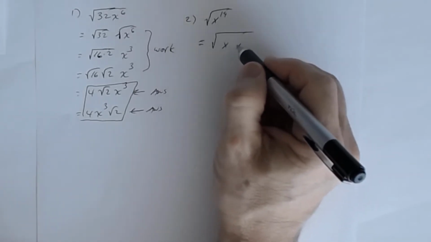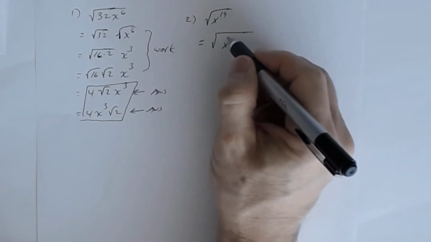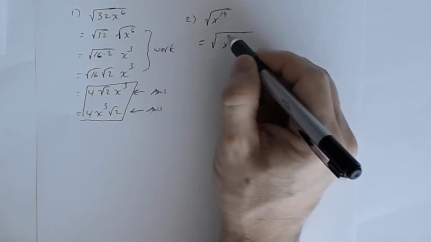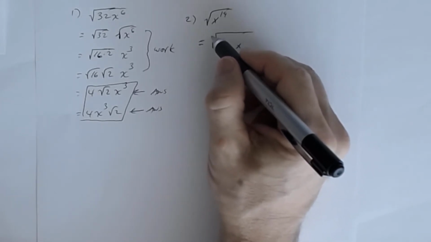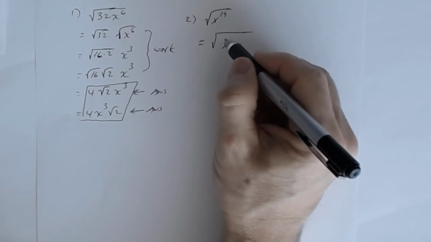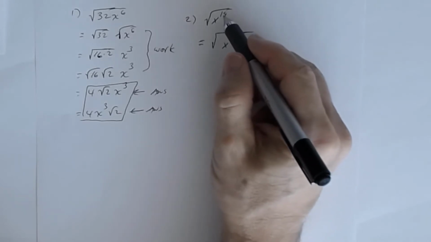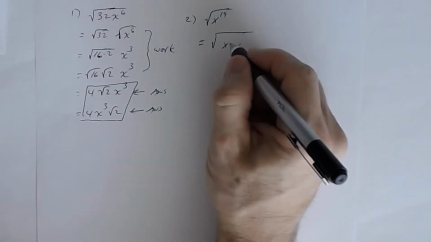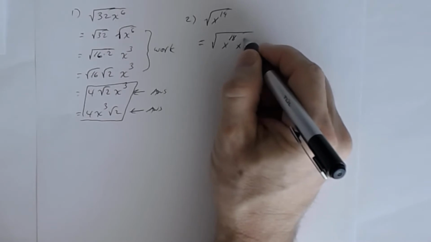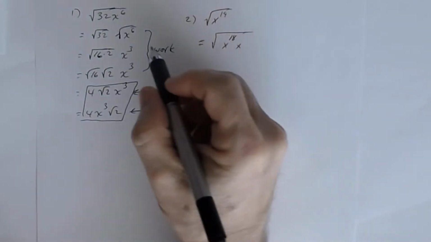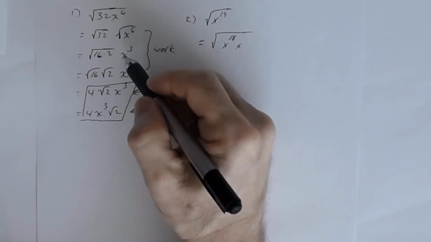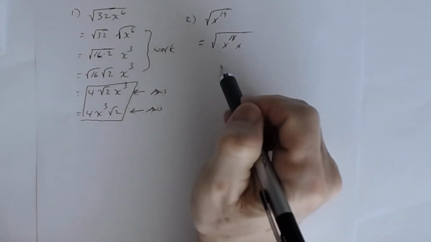Remember, when you multiply like bases, you add exponents, such that the exponents add up to 19. Since the index is 2, you want the largest integer less than 19 that's divisible by 2. In other words, 18. So 18, and then this will be x to the first. 18 plus 1 is 19. And just like we did here with 6 divided by 2 giving x cubed, 18 is divisible by 2.